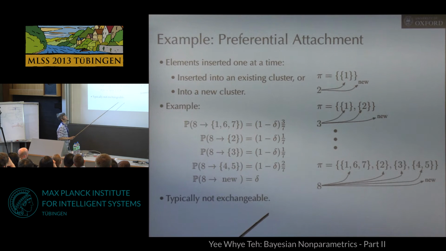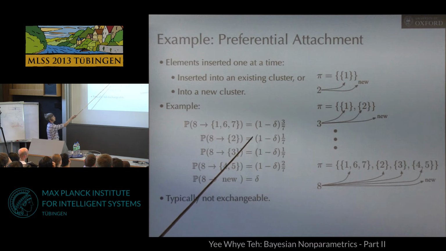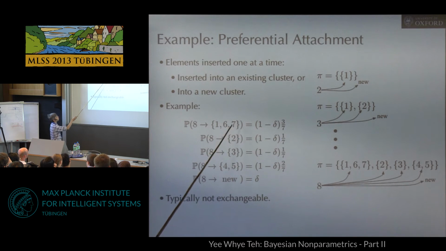But then you may reserve a certain probability delta for creating a new cluster. So in this case, the probability that number 8 joins one of these 4 clusters is going to be 1 minus delta times 3/7. So higher probability of joining a large cluster, smaller probability of joining a smaller cluster, and so forth. And the probability of joining a new cluster is a fixed constant delta.